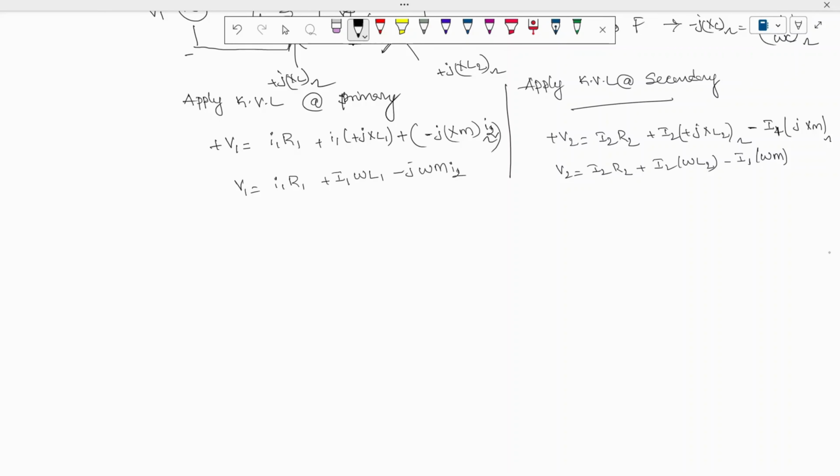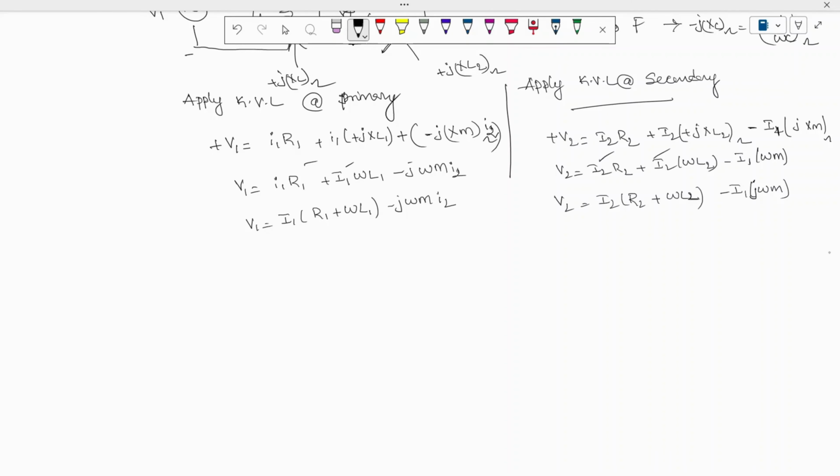Now by segregating the terms of I1, V1 is equal to I1 into R1 plus j omega L1 ohms, minus j omega M I2. This can be separated by taking I2 as a common term: I2 into R2 plus j omega L2 ohms, minus I1 into j omega M ohms.